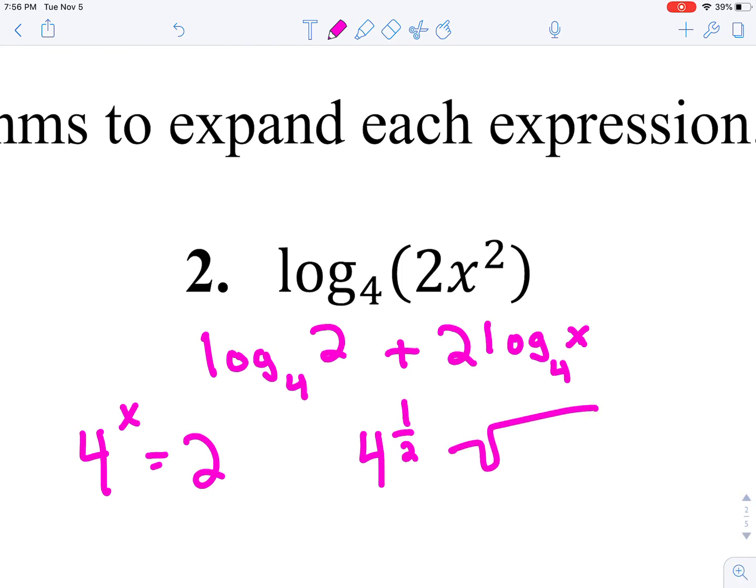And remember, with fraction exponents, the numerator goes in the front and the denominator goes in the back. And 4 to the first power is 4. And then the 2 is actually written by the square root sign, so we don't really even need it out there. And the answer is, we've just proved that it is equal to 2.